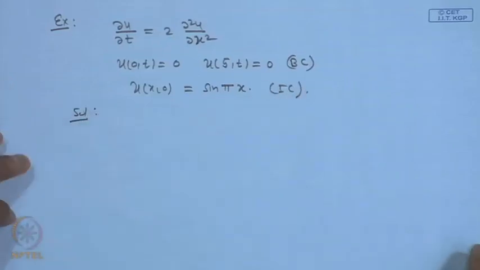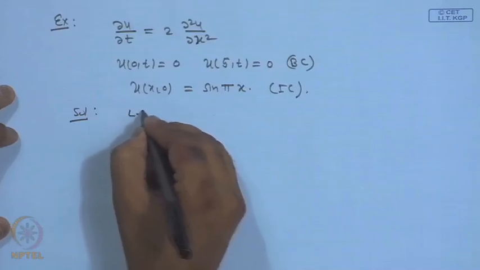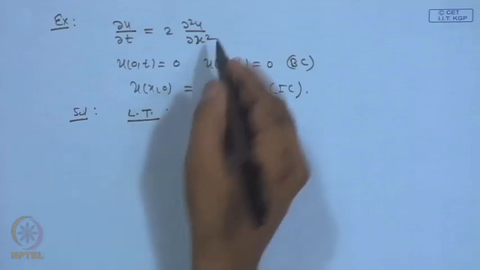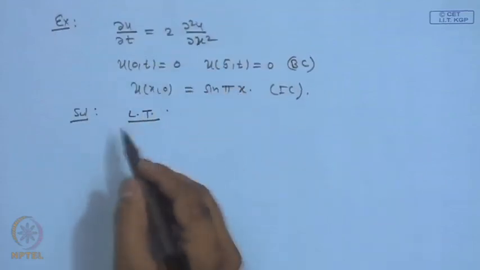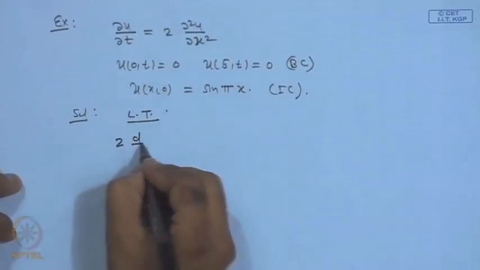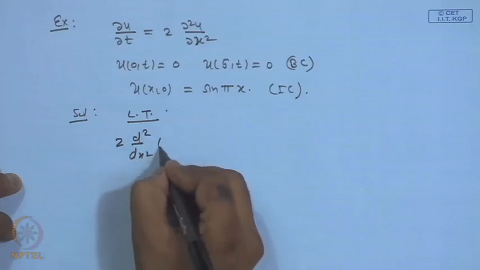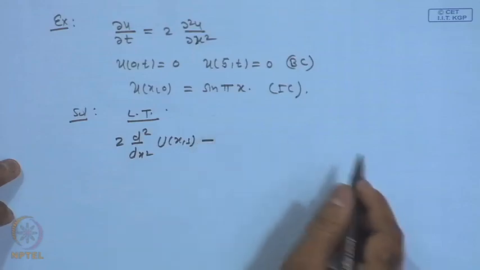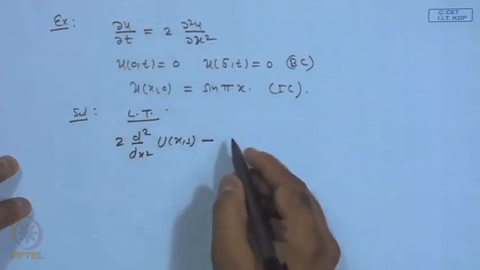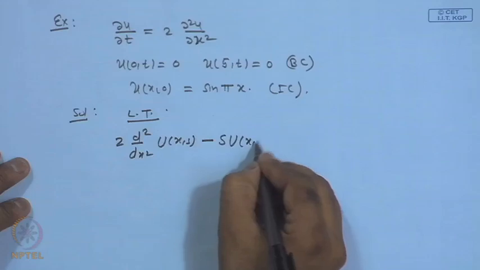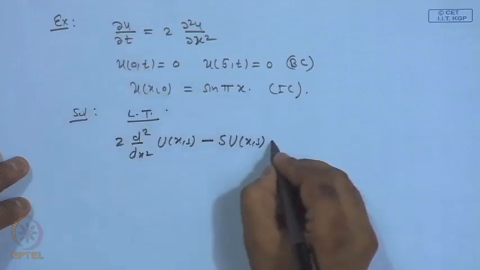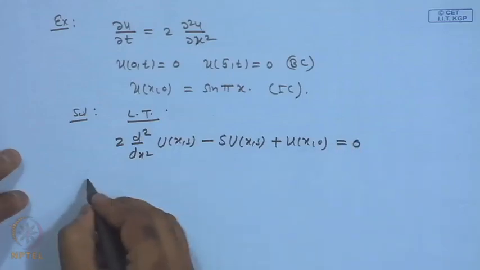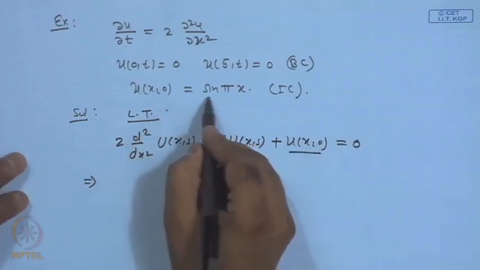So, now we solve by taking the Laplace transform on both sides of the equation. Let us first take the right hand side. So, we have 2 del 2 over del x 2 of u(x,s), and then we have minus s u(x,s) plus u(x,0), and this is equal to sin pi x.